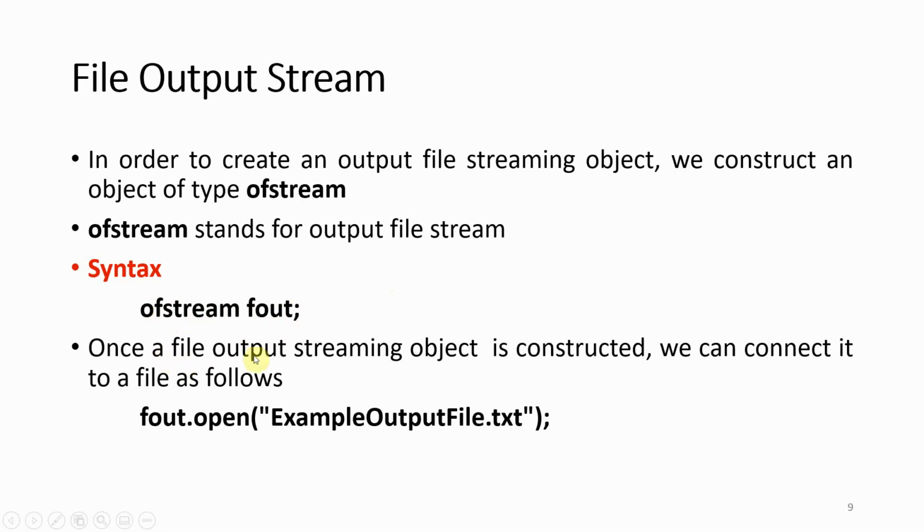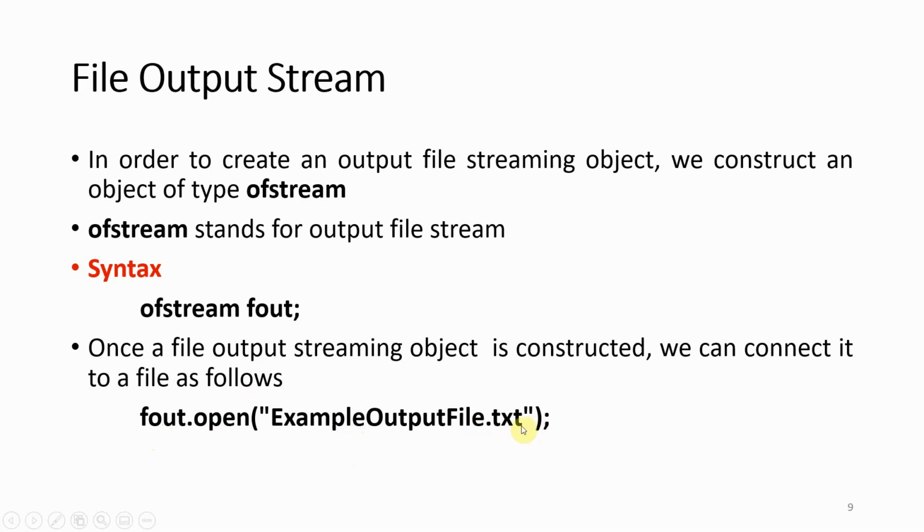And once a file output streaming object is constructed, we can connect it to a file as follows: fout.open, and this is the name of the file. Okay, so this is how we create a connection between the fout and the physical file that we want to either create or overwrite.